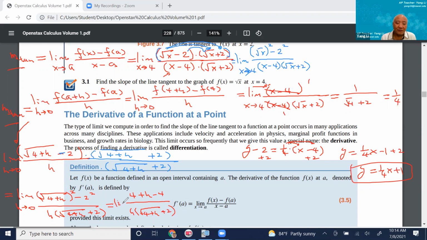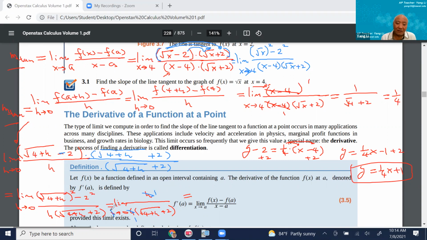And the limit as h approaches 0, don't forget that, okay? And then here you can see that this 4 and this 4 cancel each other, no more. So you have this now. And then you can see that h and h cancel. We need to cancel the h because there's a 1 and 1 now.